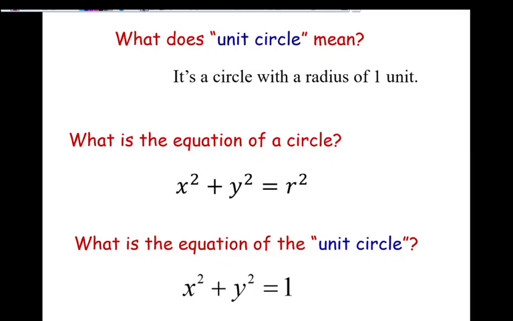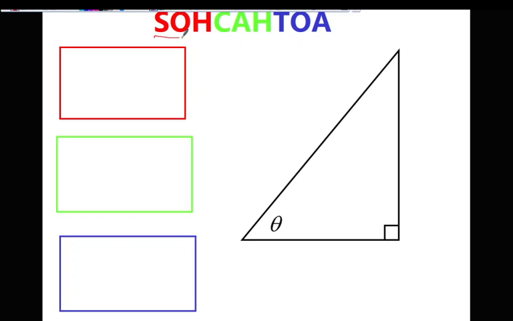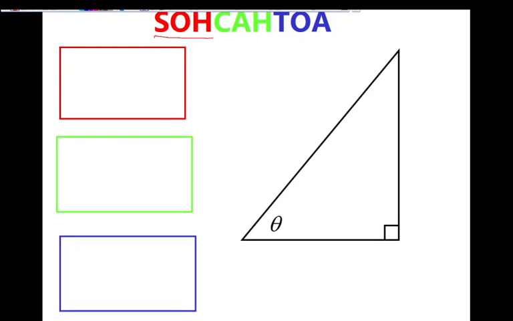All right, so when we first learned right triangle trig, we learned it in geometry as SOHCAHTOA, and that's the way a lot of teachers teach. SOH stands for sine equals the opposite side over the hypotenuse.